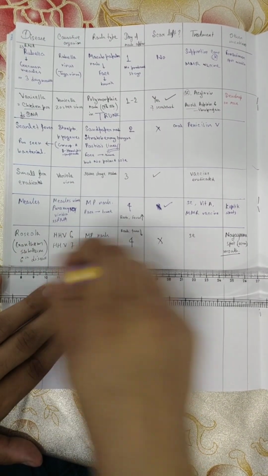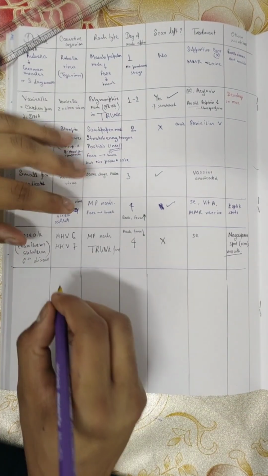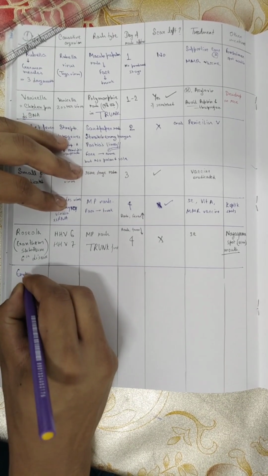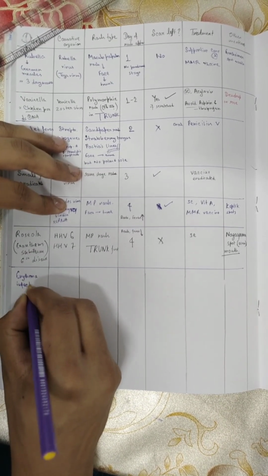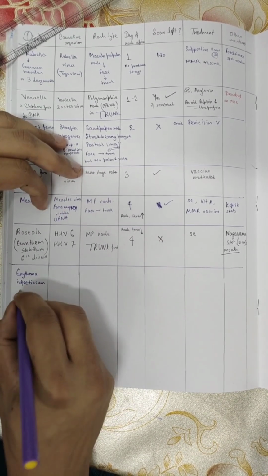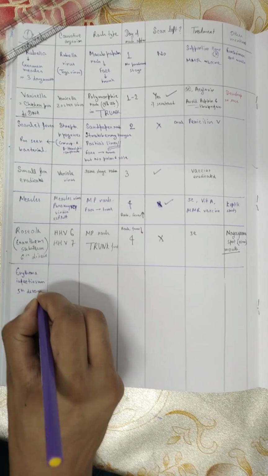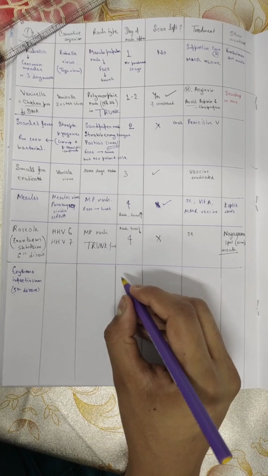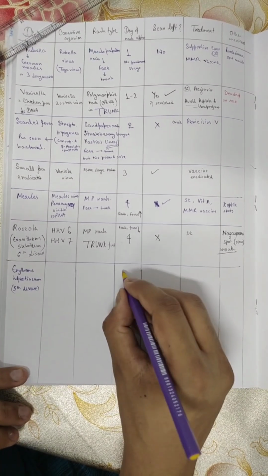Next comes Erythema Infectiosum. That is the fifth disease actually. But why am I writing it here? Because it appears on the 5th to 6th day, 3 to 7th day.